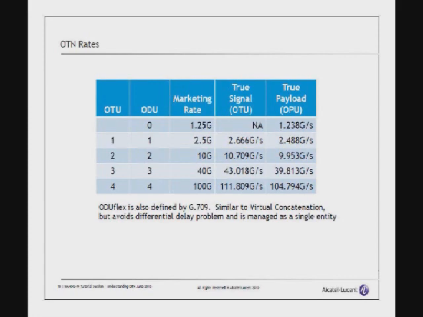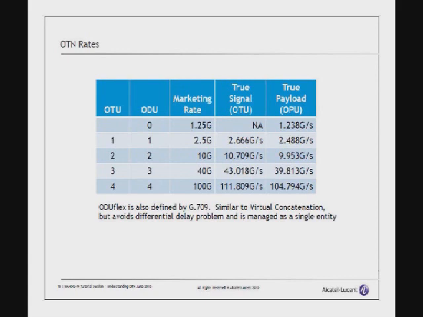They also defined a data unit, and in order to support Gig E, an ODU 0 was defined so that you had enough room within the payload to be able to support down to a Gig E, and then the associated rates as we go from 1.25 gig all the way up to 100 gig.